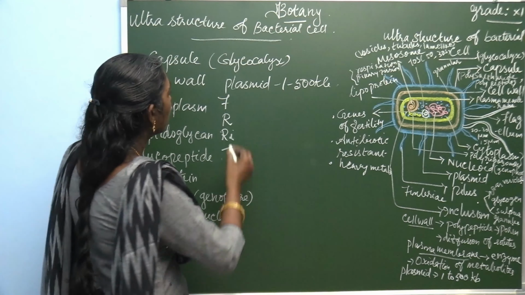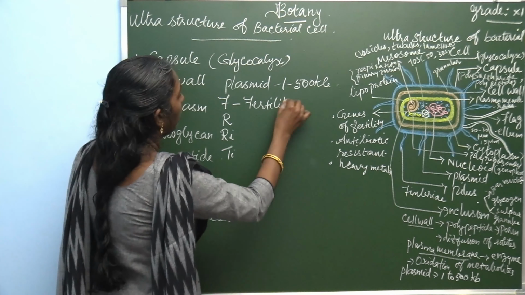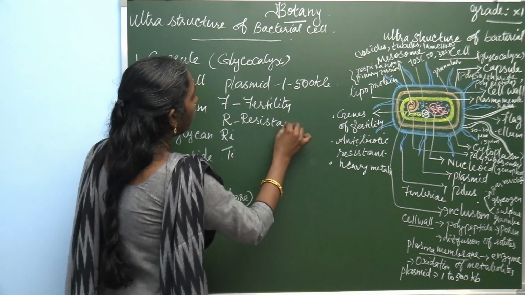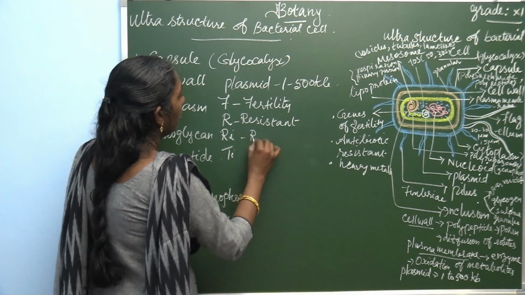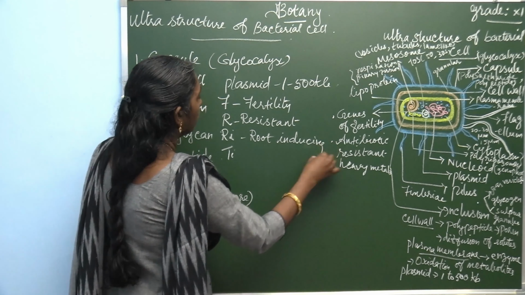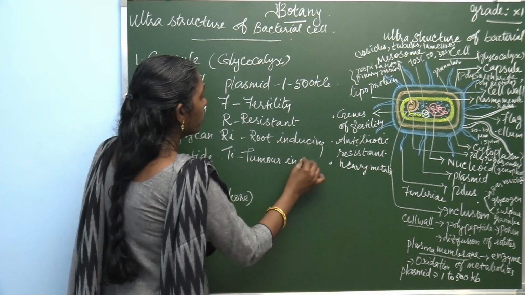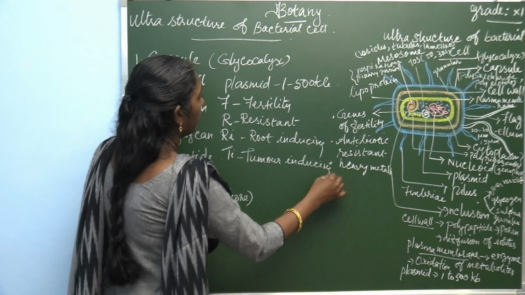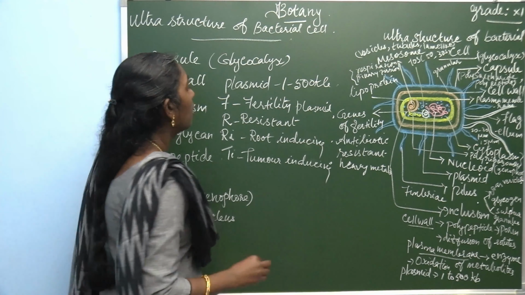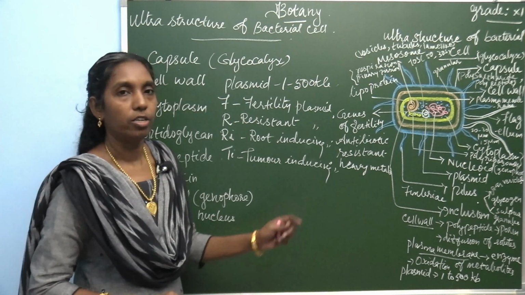F is the fertility plasmid, R is the resistance plasmid, Ri is the root inducing plasmid, and Ti is the tumor inducing plasmid.